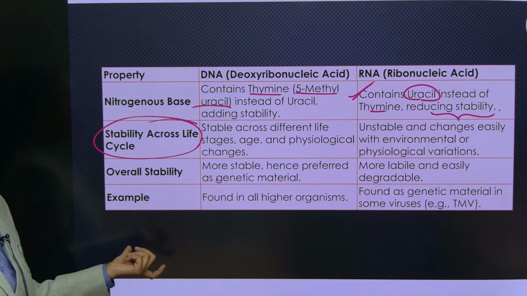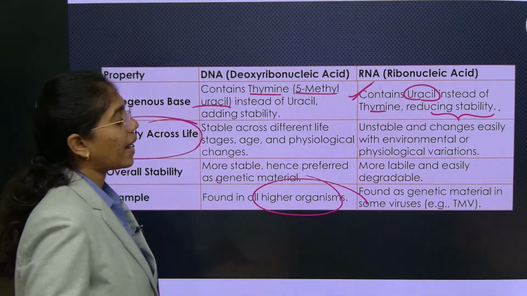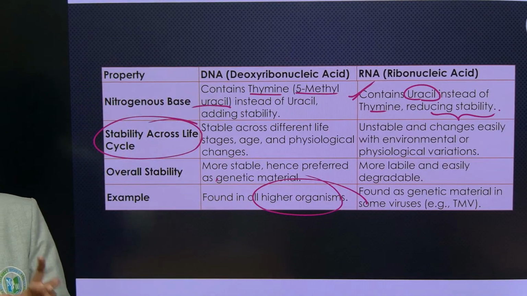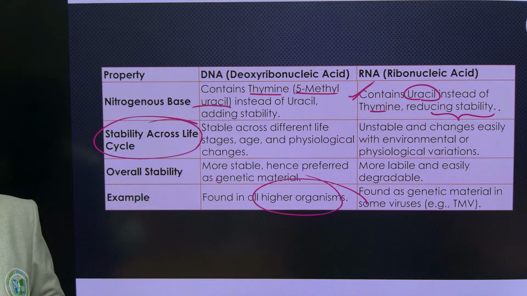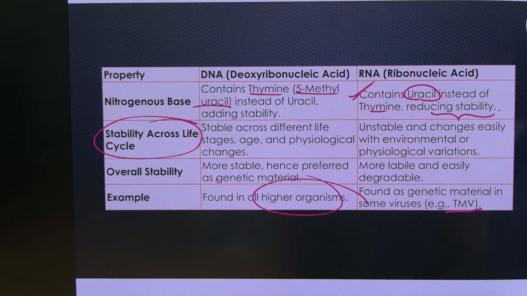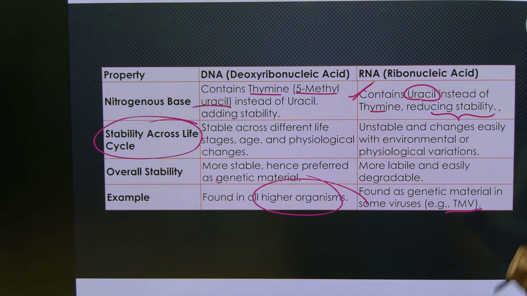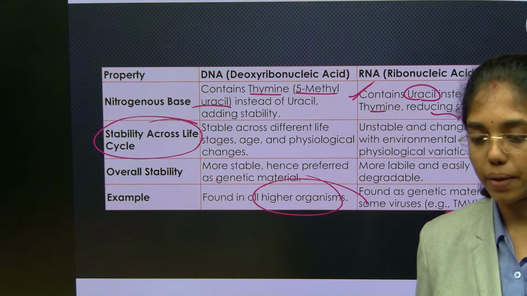Next, example. DNA is found in all the higher organisms, whereas RNA is the genetic material for some viruses only, which are easily mutated. Example is TMV and Qβ bacteriophage. Take down just a few differences about nitrogen base from this slide, that is enough. Only about nitrogen base and the example.